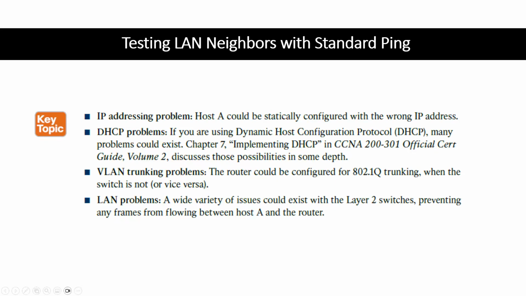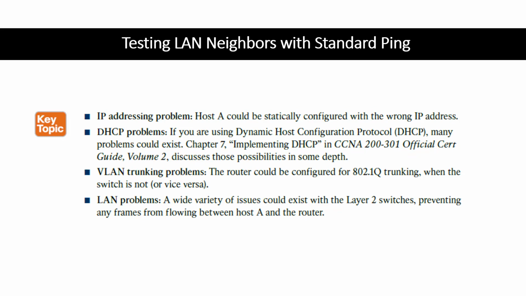So a couple of things that it confirms whenever we're doing standard pings within a local area network is that it can rule out some of the following. An IP addressing problem: maybe I can't reach something because the IP address is statically configured. We can also rule out some DHCP problems.